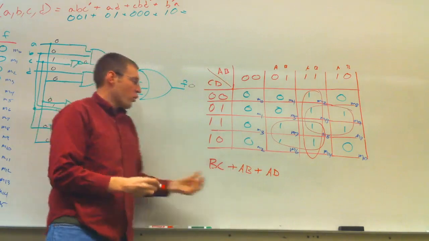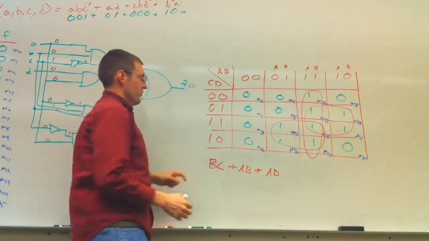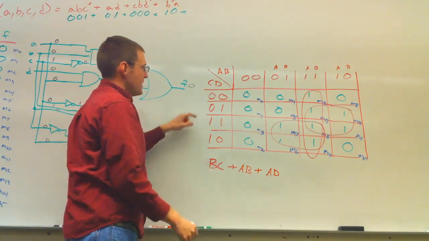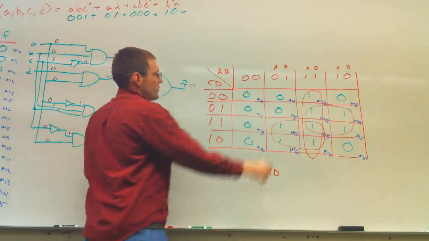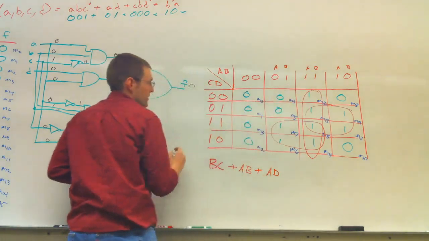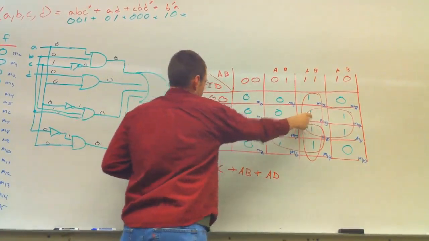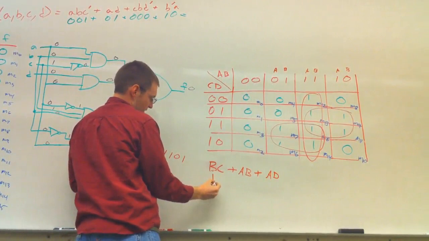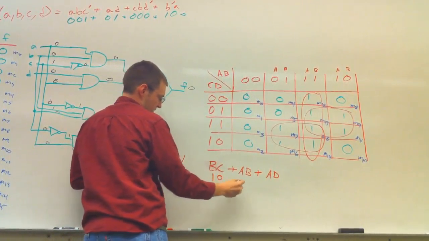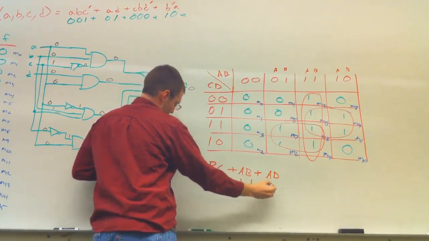So then we OR all these results together, which basically is, like I said, if I do, let's do 1, 1, 0, 1, which is this cell here, I put this in, so B is 1, C is 0, A is 1, B is 1, A is 1, and D is 1.